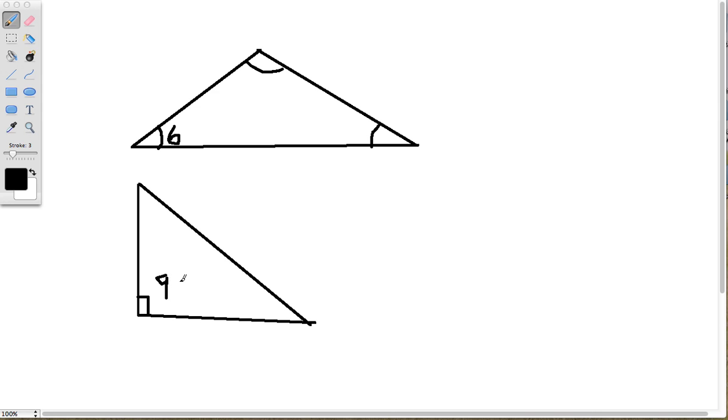So 90. And it has a 45-degree angle here. So what is this angle?